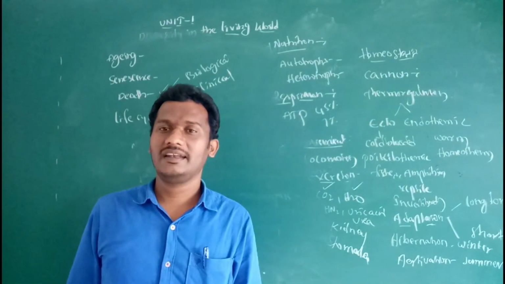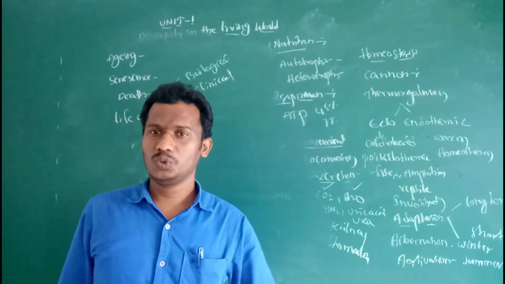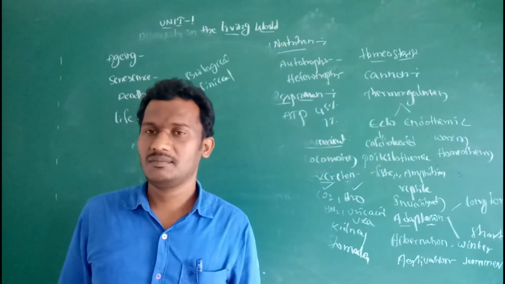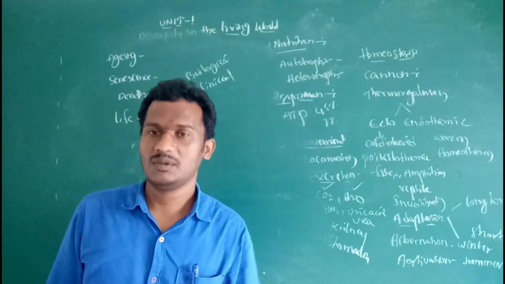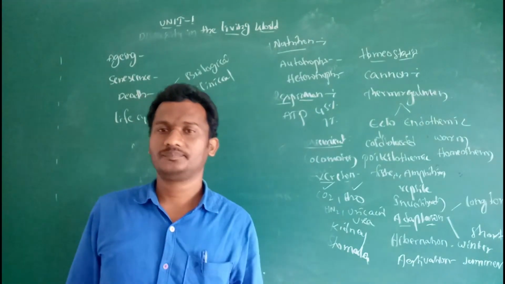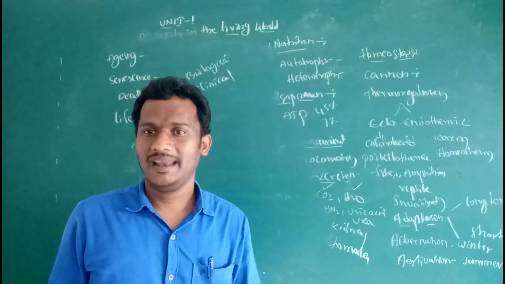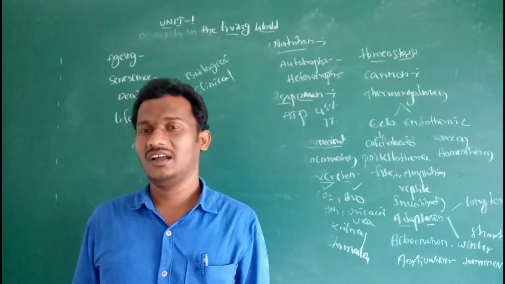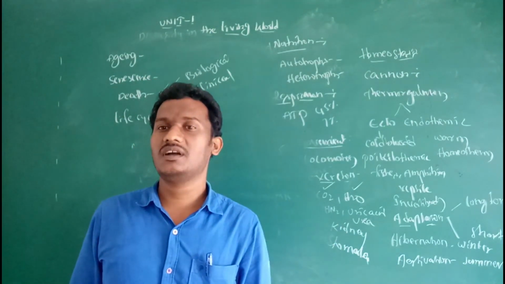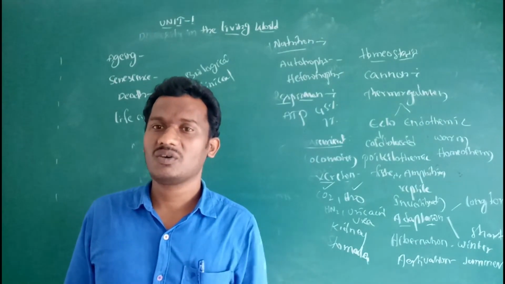So biological death means stoppage of some activities in body parts of an organism, for example, the brain. Stoppage of activities in the brain, like brain death, due to non-availability of nutrients and oxygen.